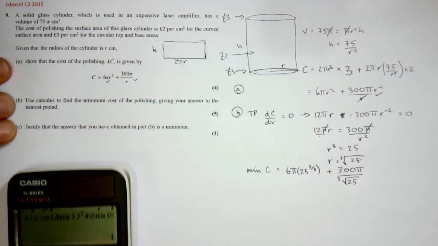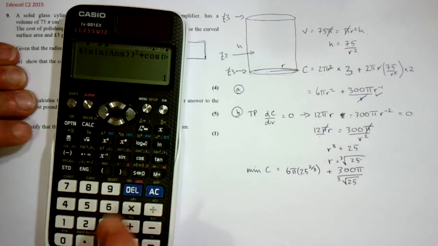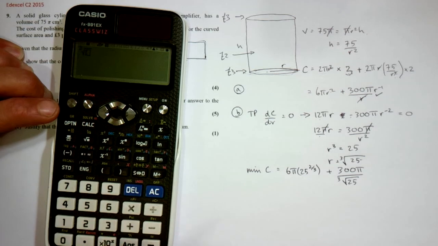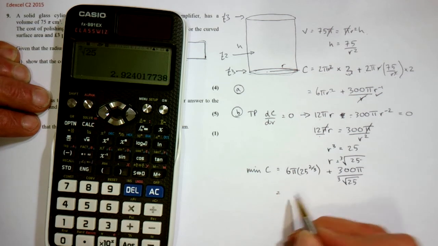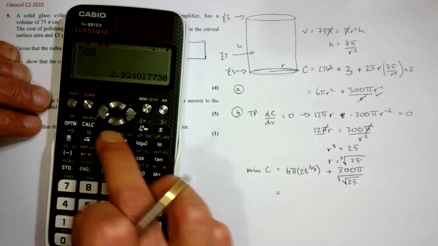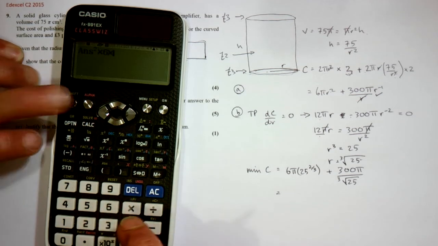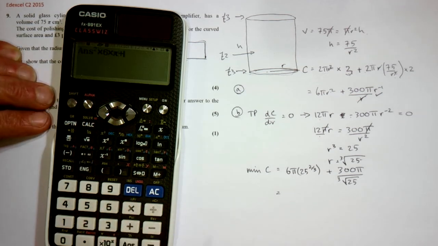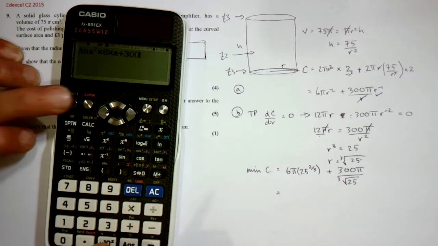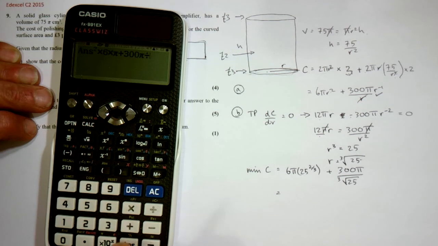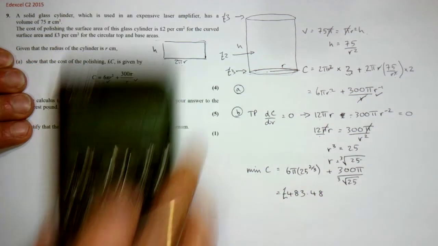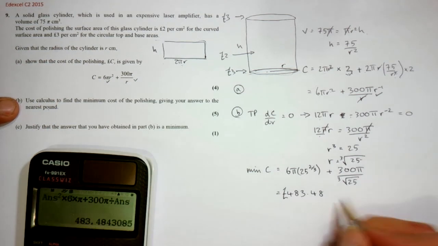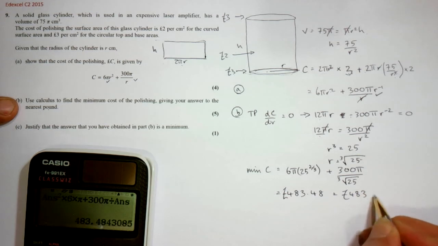So let's do the cube root of 25 as an answer, square that and times by 6 pi, and add 300 pi divided by our answer, which remember was the cube root of 25, equals £483.48. Give your answer to the nearest pound, equals £483.